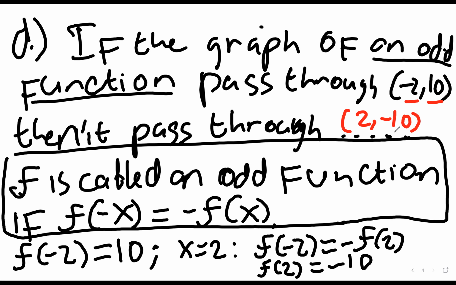In other words, I can obtain one part of the graph of the odd function by taking the reflection of another part with respect to the point 0 comma 0. That's the meaning of the odd function.